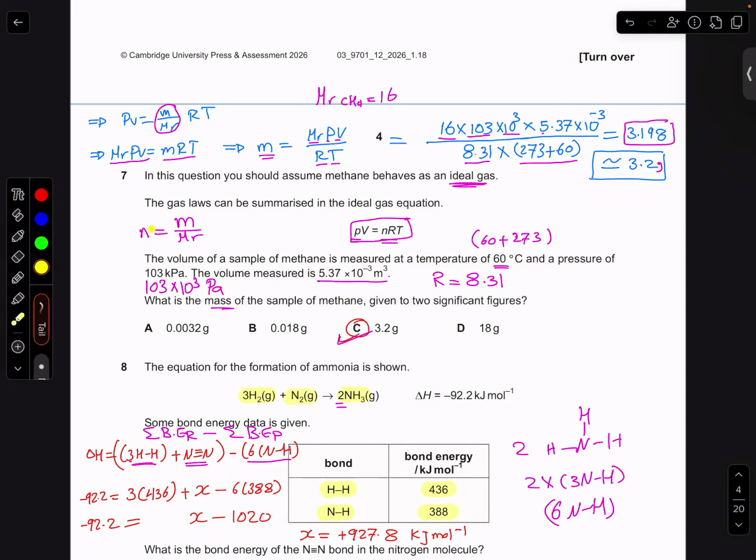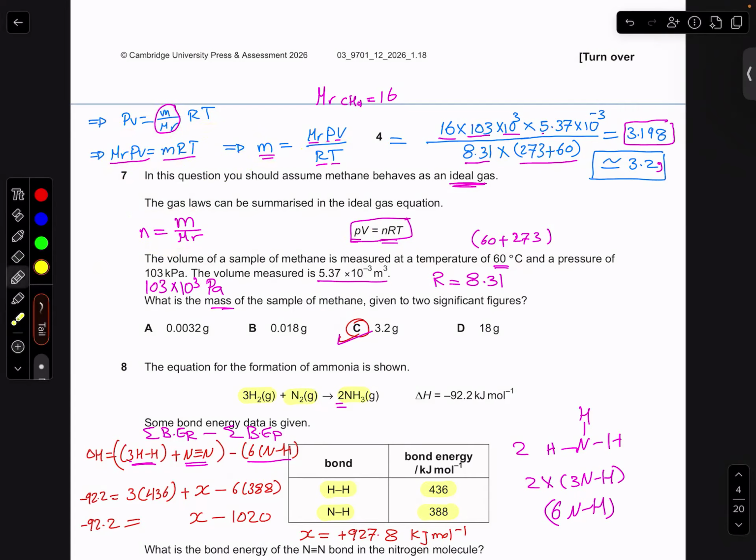We know that number of moles equals mass over molar mass. So we can rearrange this equation by assuming that PV equals nRT. So we can say that PV equals m over Mr times RT. So Mr PV equals m, which is mass, times R times T. So mass equals Mr PV over RT.